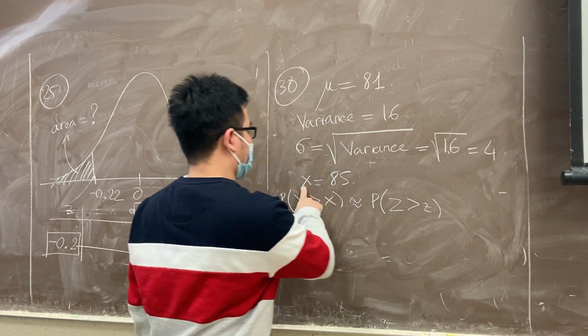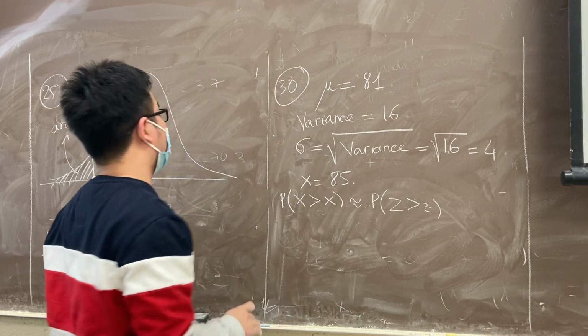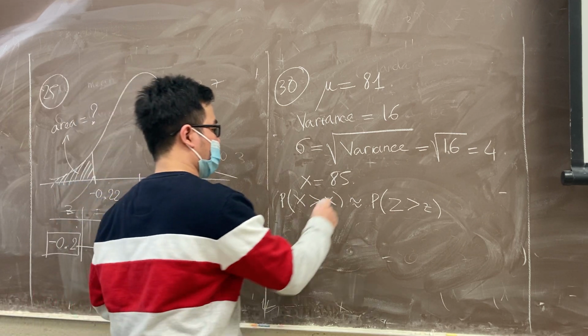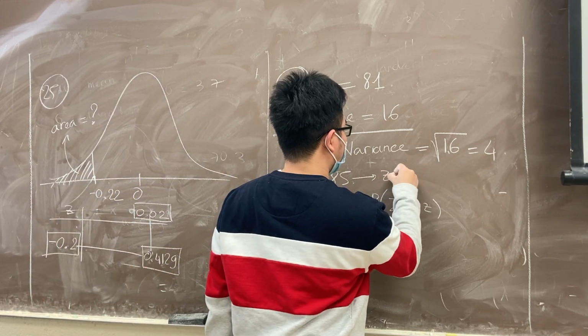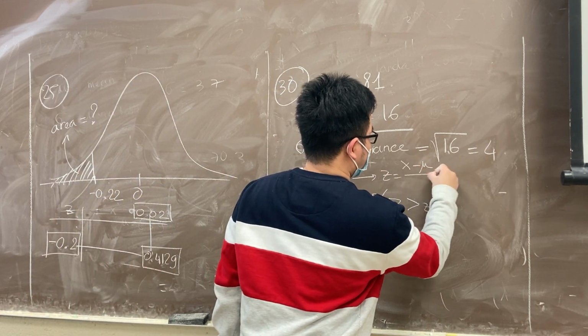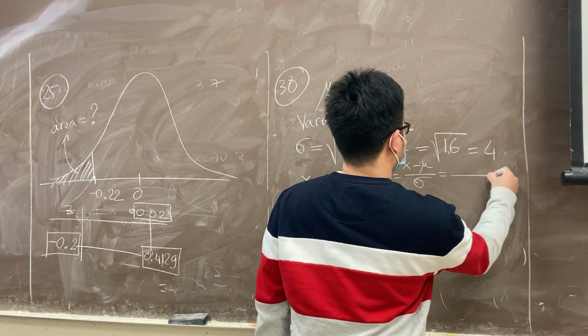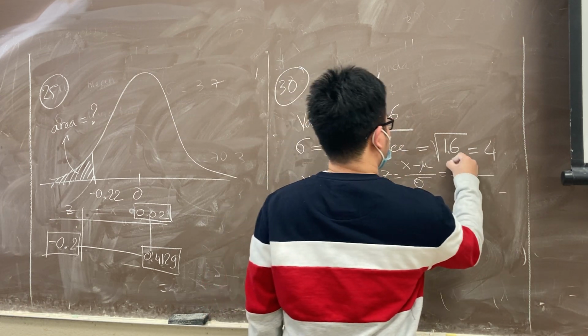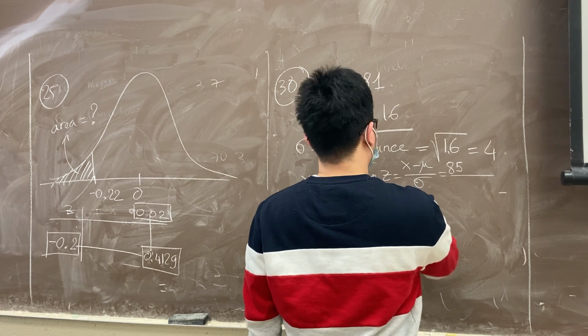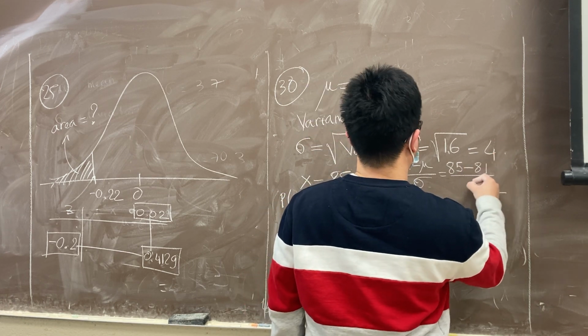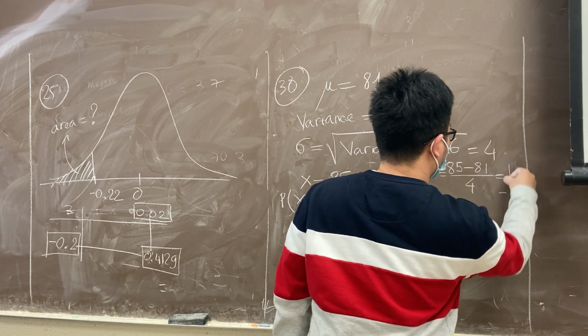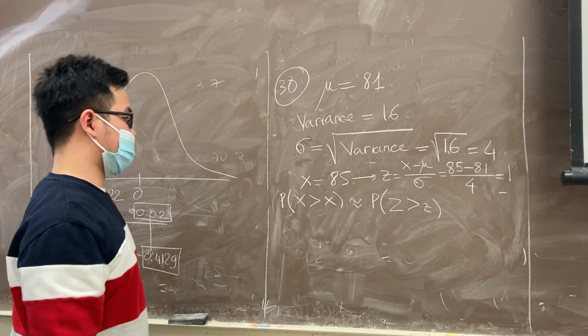You need to change x to z by using the z standard score formula. z here is x minus mu over sigma, which is 85 minus 81 over 4. So it is 1. That is the z.